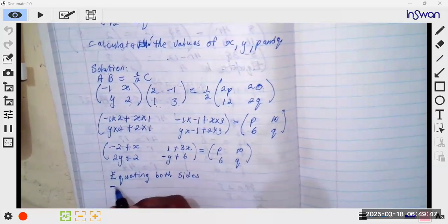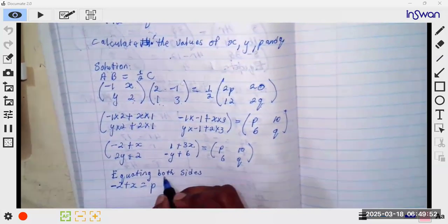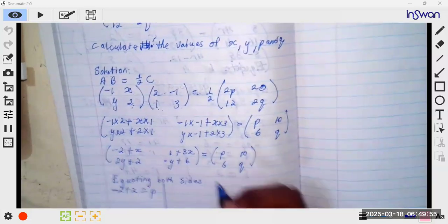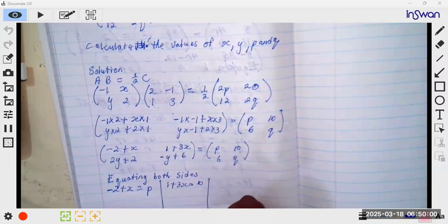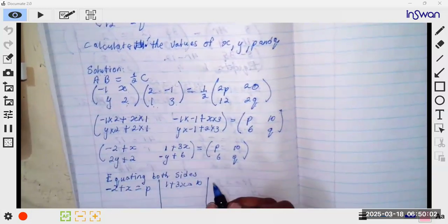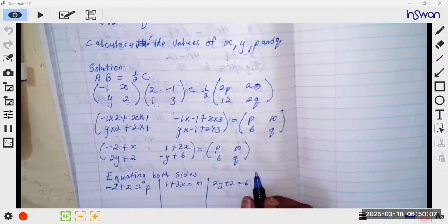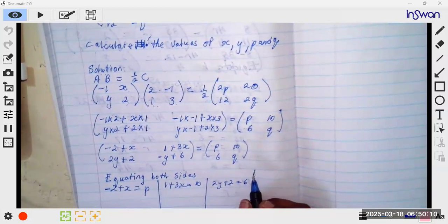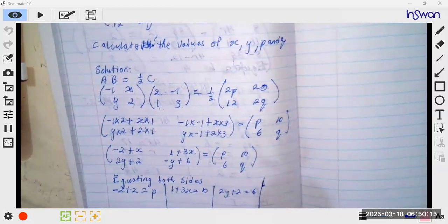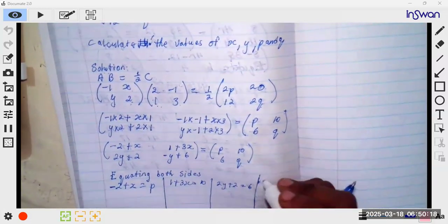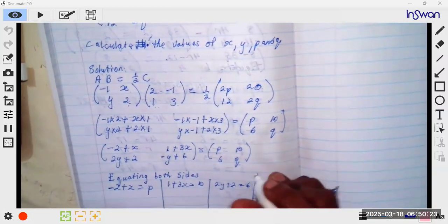So you have minus 2 plus x equal to p, that's 1. You all will have 1 plus 3x is equal to 10. That's another one. You'll have 2y plus 2 equal to 6. That's a third one. And the last one will be minus y plus 6 is equal to q.